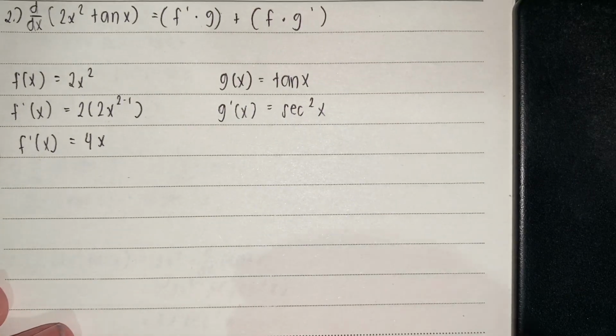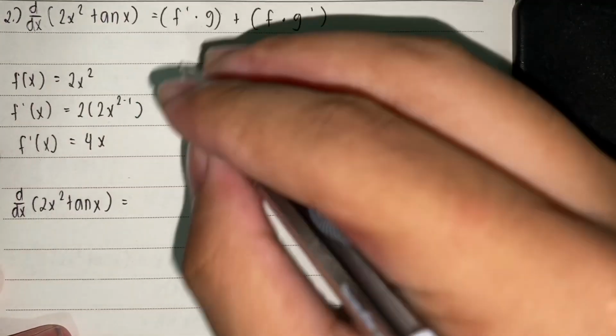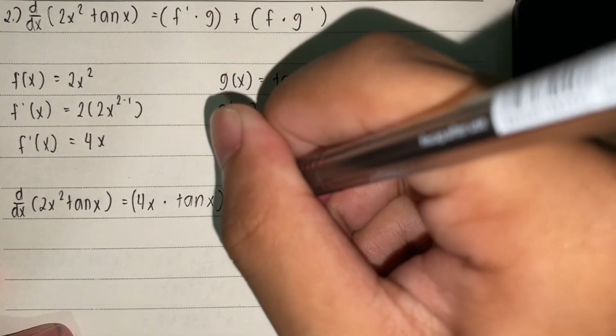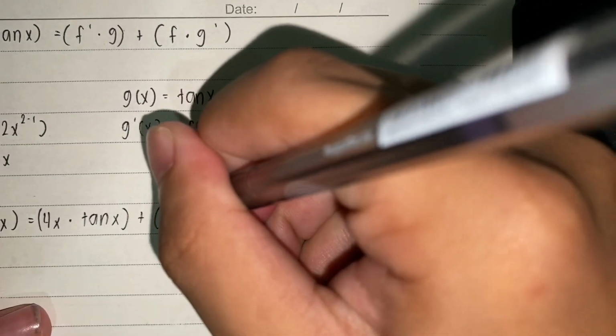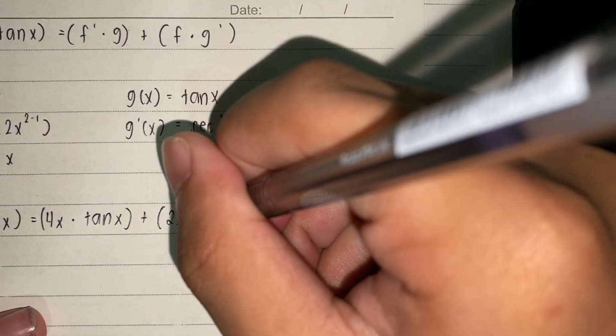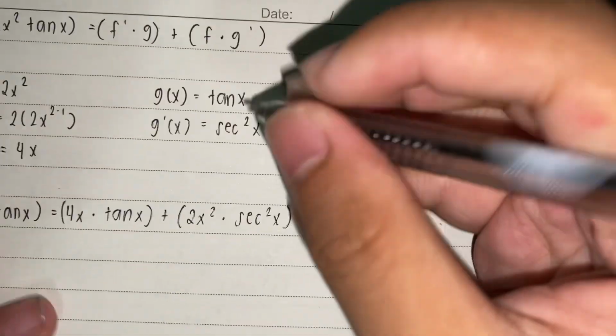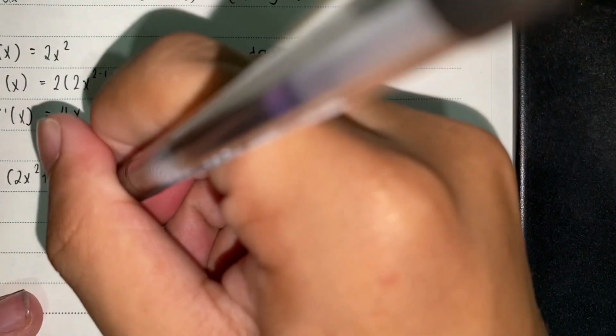The derivative of 2x squared tangent x is going to be equal to f prime, that is 4x, times g, that is tangent x, plus f, that is 2x squared, times g prime, which is secant squared x.